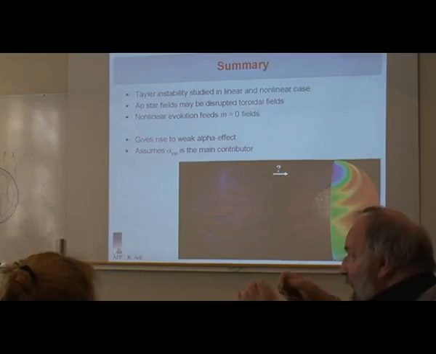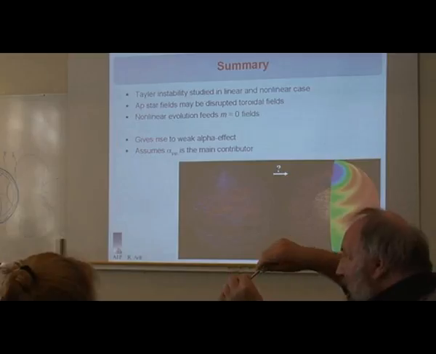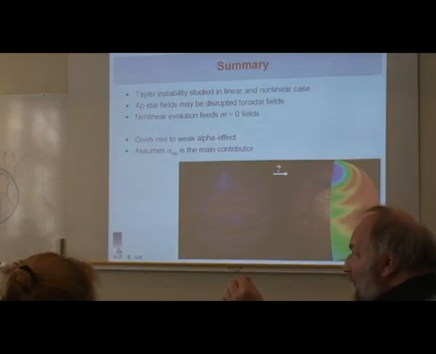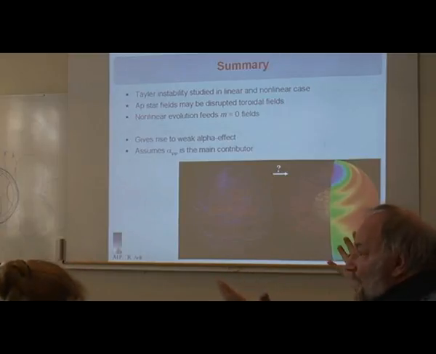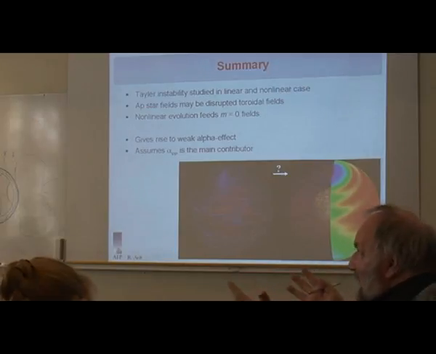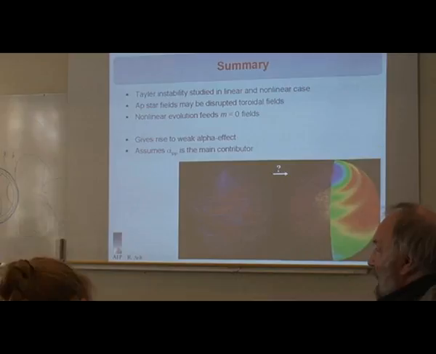Of course, this is not the toroidal field itself, but this Taylor instability has also poloidal components. And this is what we observe, a non-axisymmetric m equal 1. I still believe that there is an m equal 1. If you are sure that it is not true that AP stars have a dominating non-axisymmetric m equal 1 magnetic structure, then we have more problems.